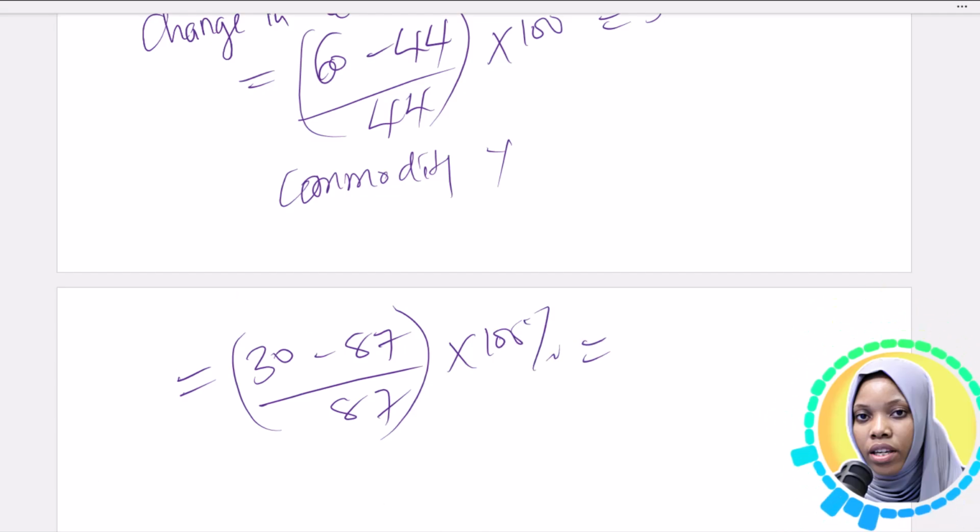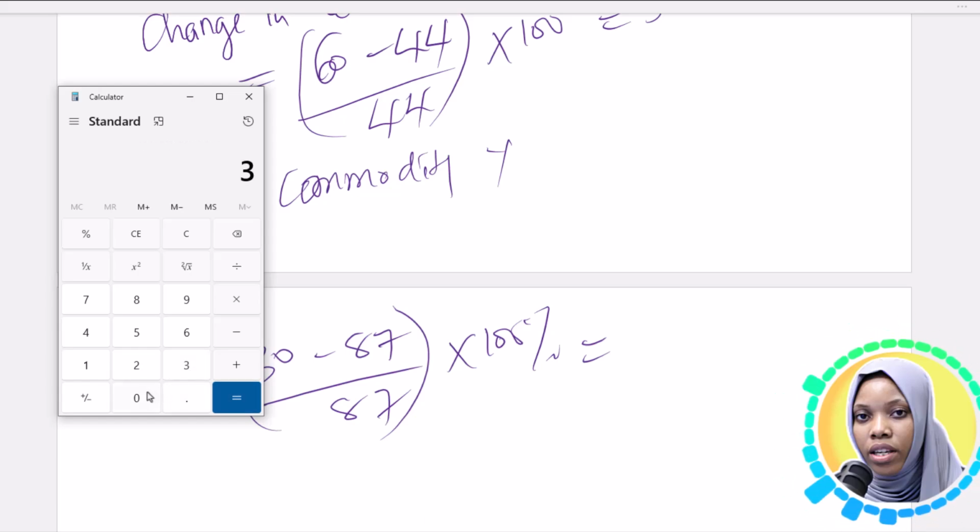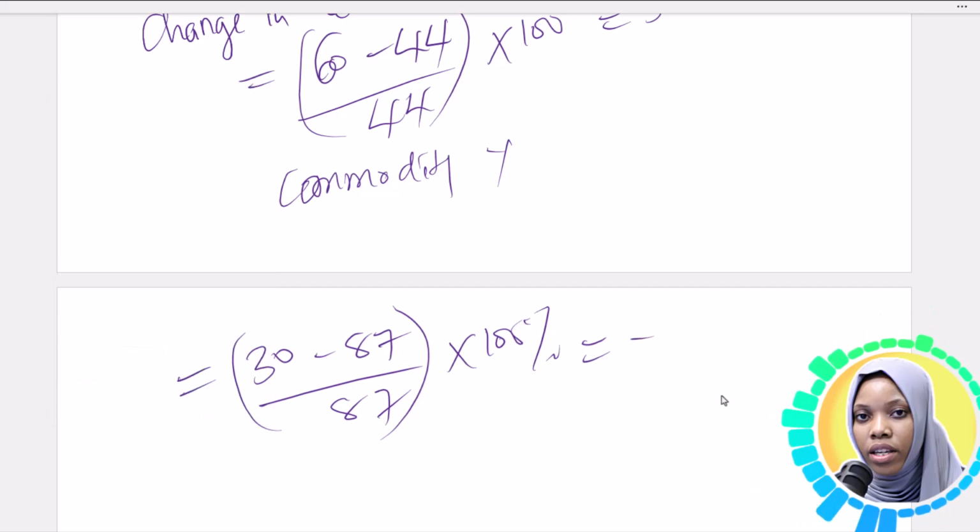So 30 minus 87 divided by 87 multiplied by 100, and we get negative 65.52.